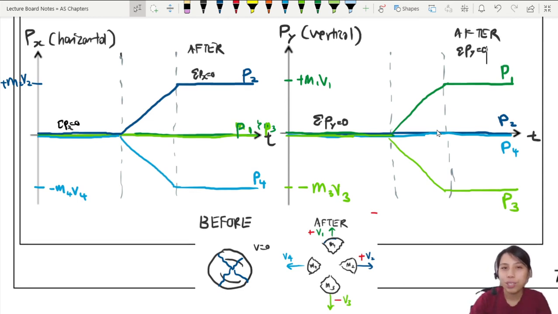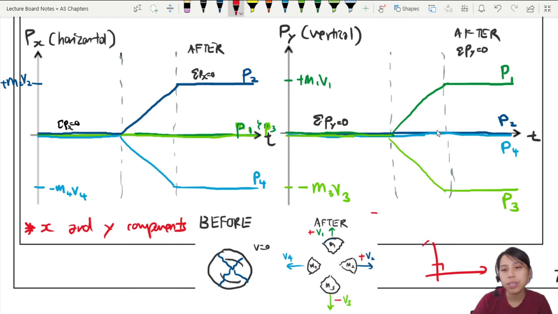A reminder once again, throwback to projectile motion that we learned previously. The horizontal and vertical components, usually we call them the x and y components, don't affect each other. We treat them as separate because they are at right angles. One is fully horizontal, one is fully vertical. So you're resolving everything.